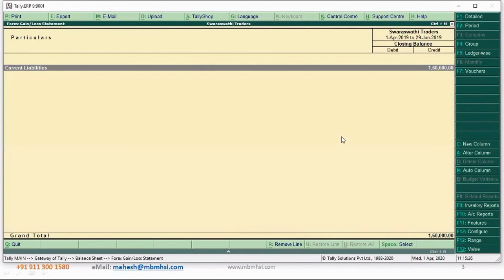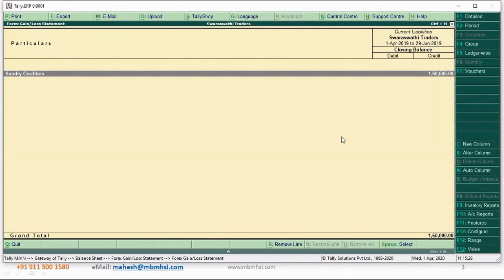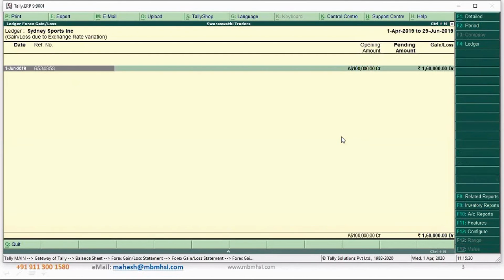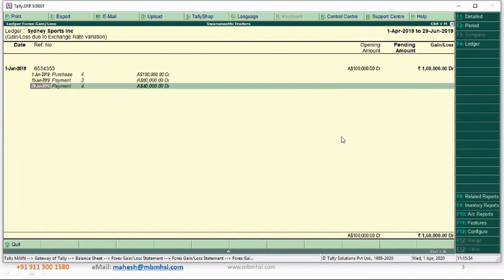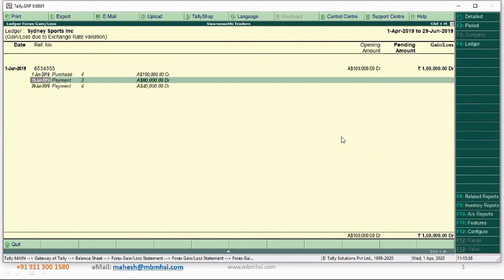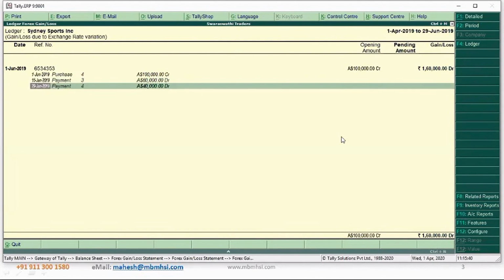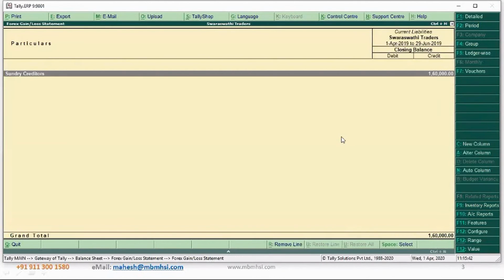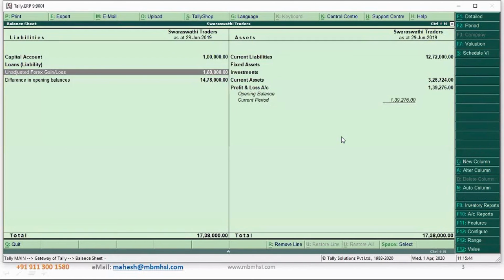Since we are using the bill wise details, it has become 1.6 lakh. If you look at this transaction, 60,000 and 40,000 you have adjusted on 15th and 29th. So the bill wise adjustment has taken 1.6 lakhs.